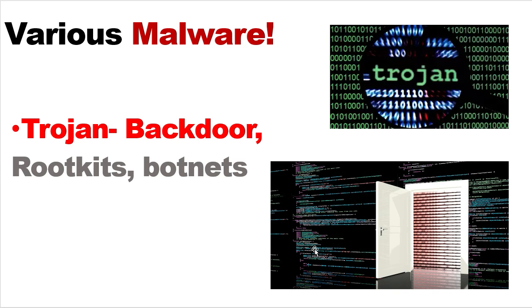Viruses and worms don't need someone to click on a file or executable; they install or replicate themselves. But a Trojan needs real user intervention to install, and then it starts taking its action. A Trojan can covertly communicate between the victim computer and the attacker. Let's say an attacker has installed a Trojan on your computer. Trojans are very powerful. They can give command and control to the attacker as well.